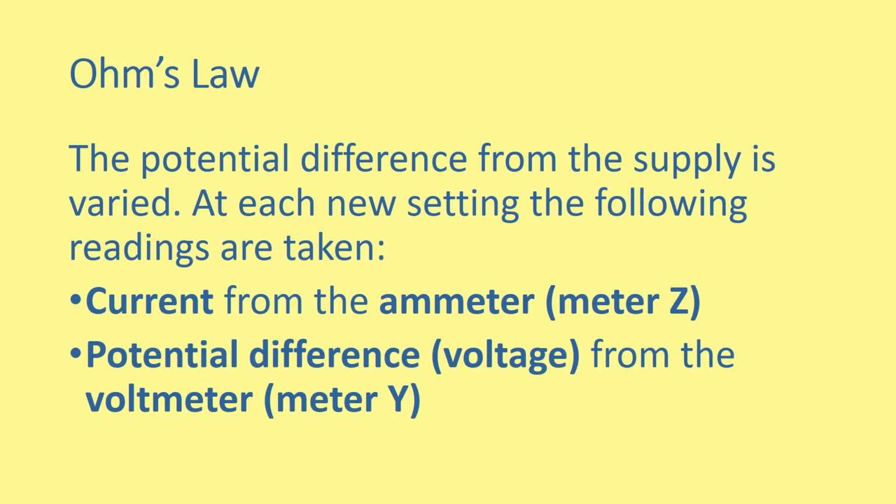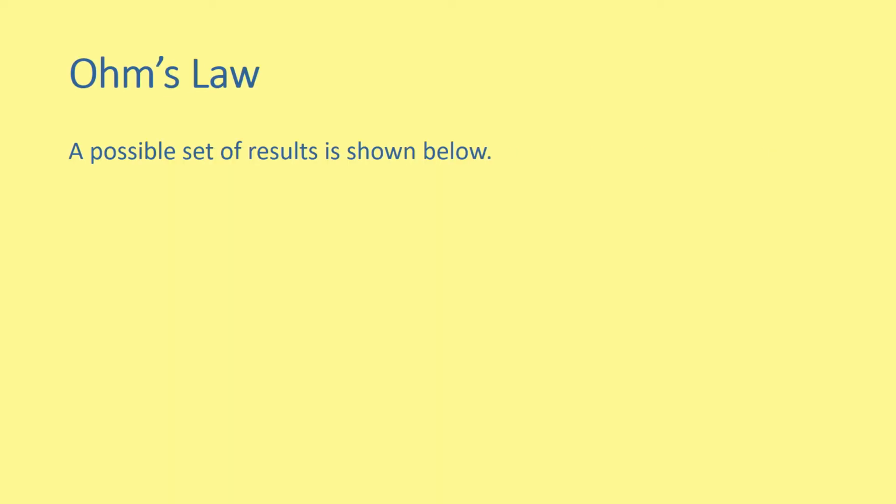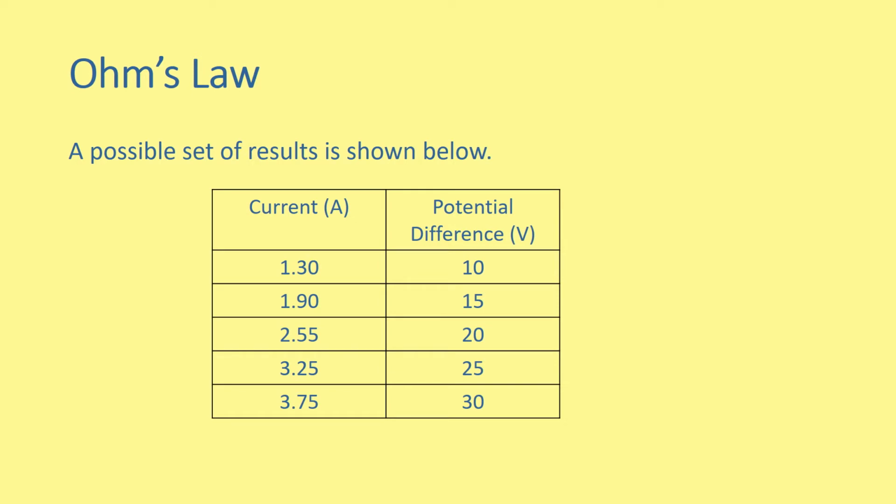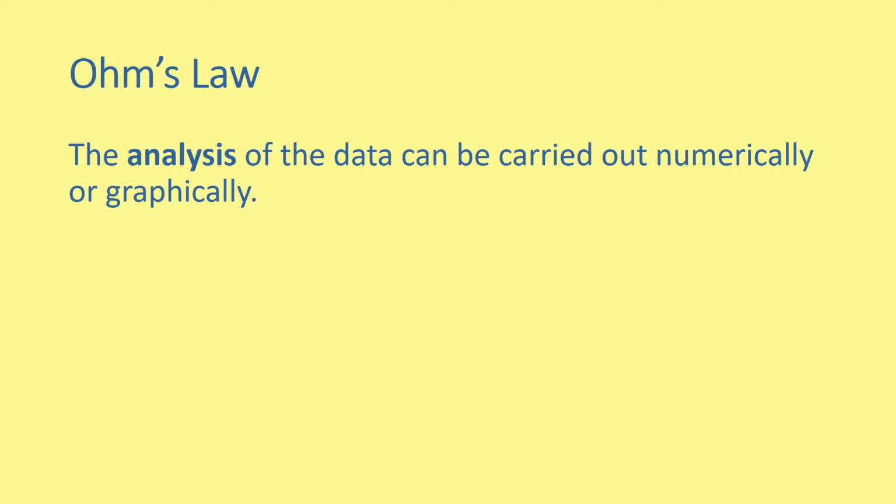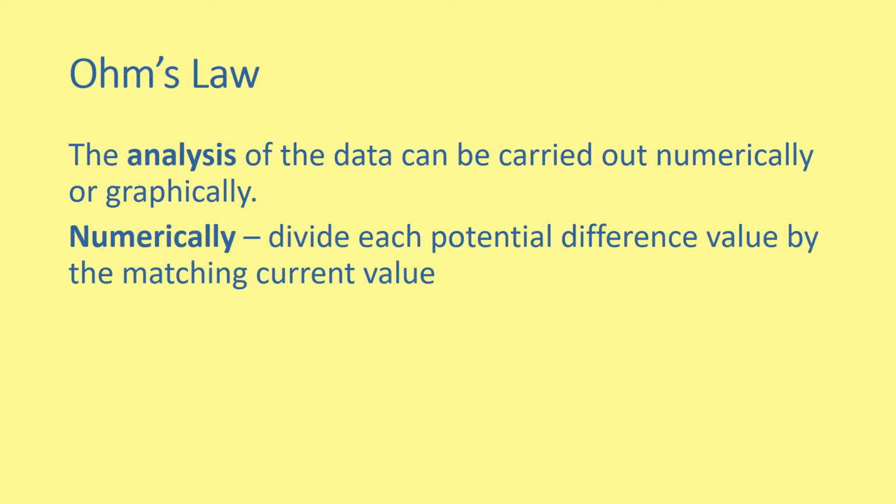Again, you could be expected to use a set of results from a question in order to determine a relationship. A possible set of results is shown in the table below, and in order to determine the relationship, we'd expect to put this onto a graph. Analysis of the data can be carried out numerically using V equals IR, or it can be carried out graphically.